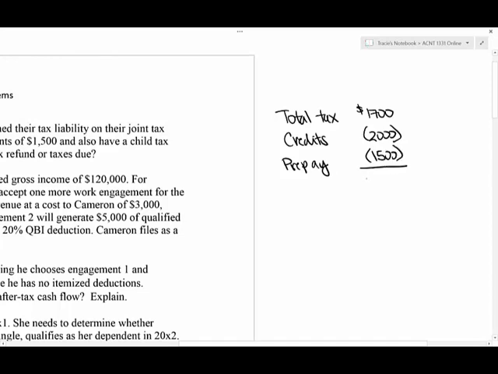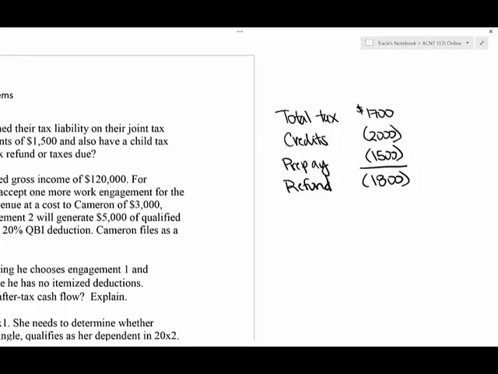This tells me that this couple is going to get an $1,800 refund. Again, we use the tax formula in order to determine the amount of tax due and the amount of tax refund that's available to the taxpayer.